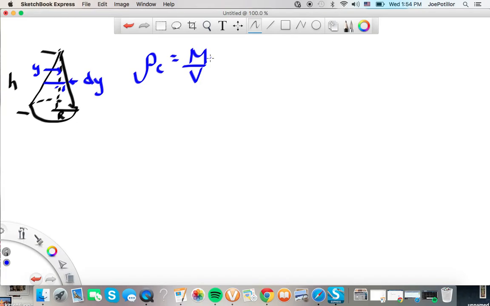Now, because it's a solid cone and it's uniform throughout, the density at any given point will be exactly the same. So, therefore, we can state that the density of the cone is equal to the change in mass over the change in volume. From that, we'll solve for the change in mass.